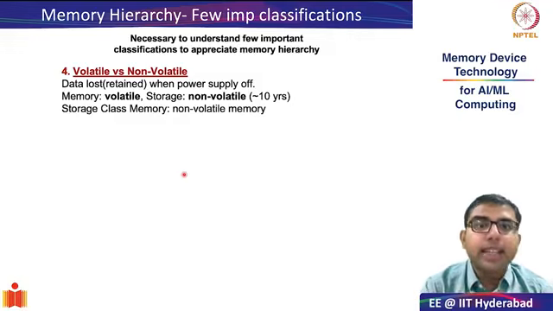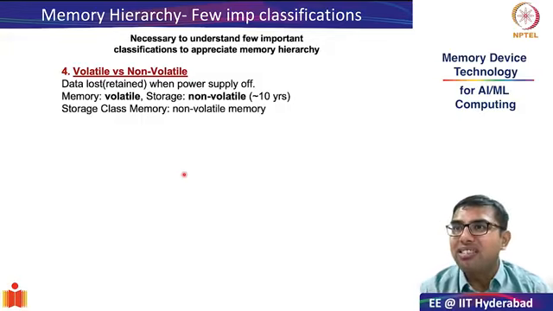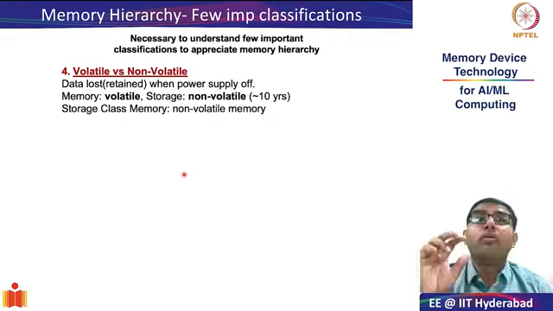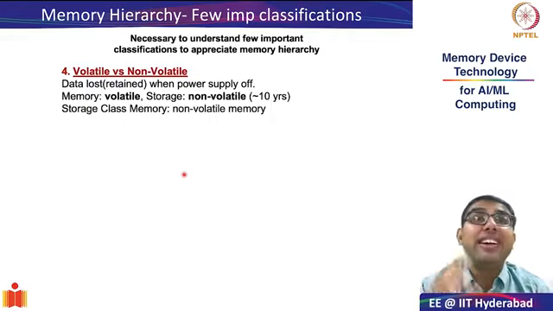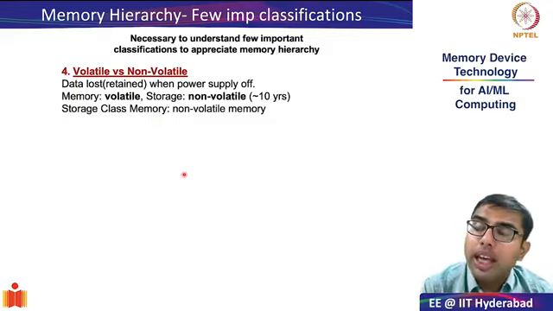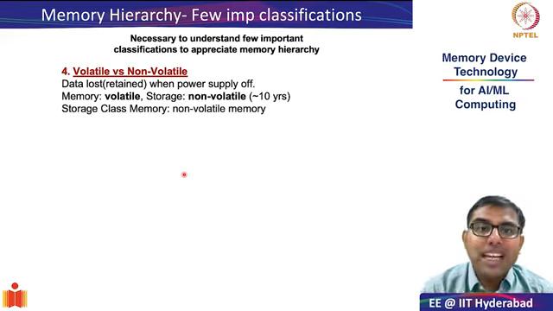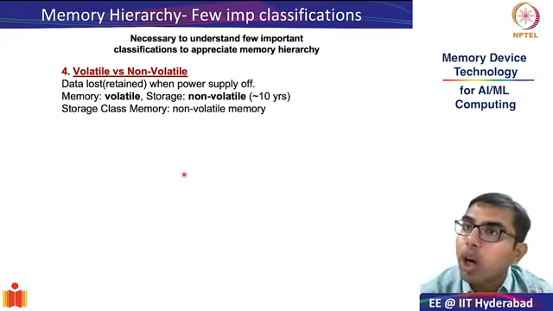This is what decides whether something is volatile or non-volatile. Correct? So when you switch off the power supply, but you are still able to retain the data which was stored in that memory or storage element, it is called non-volatile. Whereas if it forgets, then it is known as volatile.